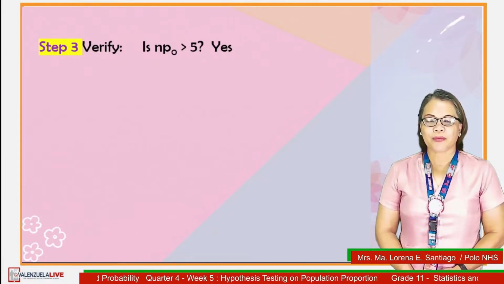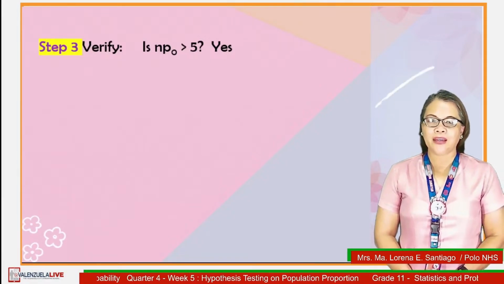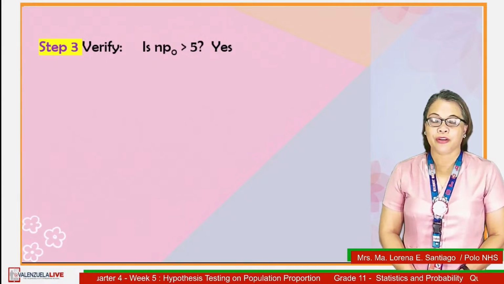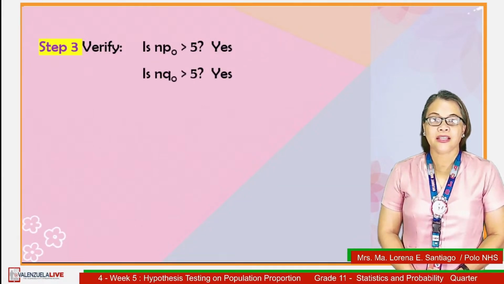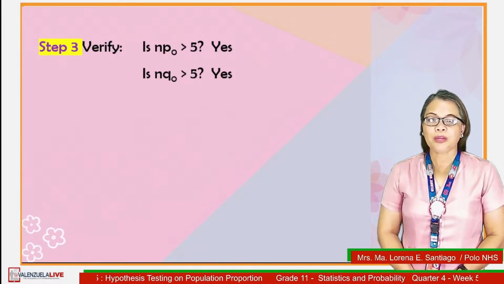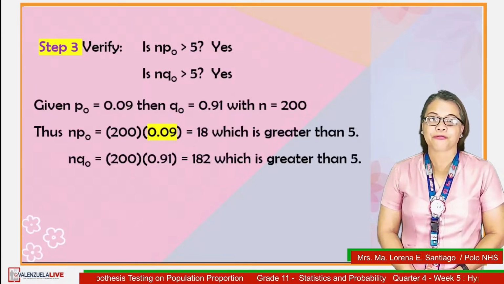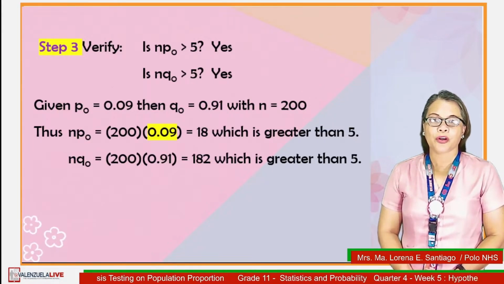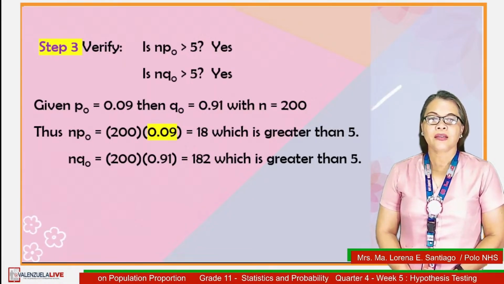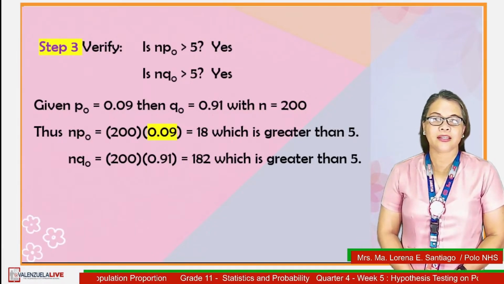Let's now go to step 3. We have to verify the question, is n times p sub 0 greater than 5? And is n times q sub 0 greater than 5? So this would be answered by yes if we can compute n times p sub 0, which is equal to 200 times 0.09, and that is equal to 18.